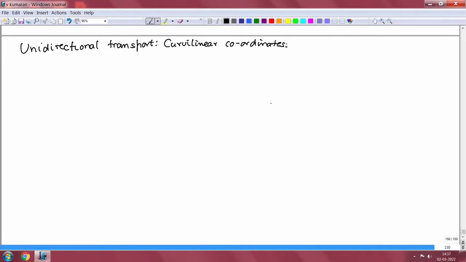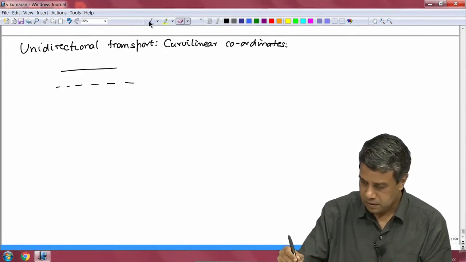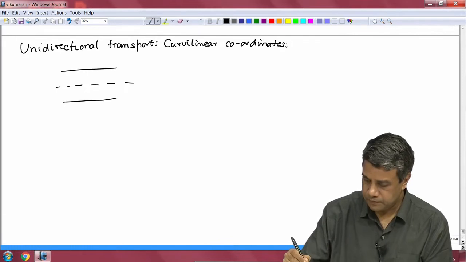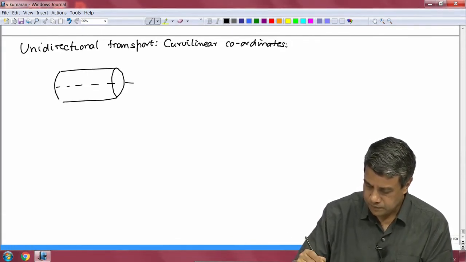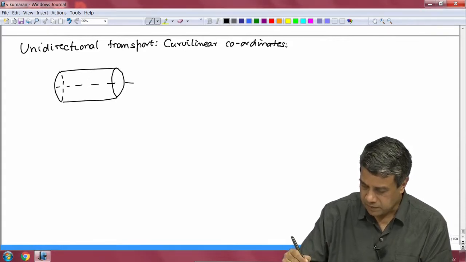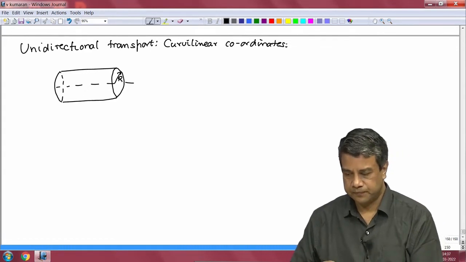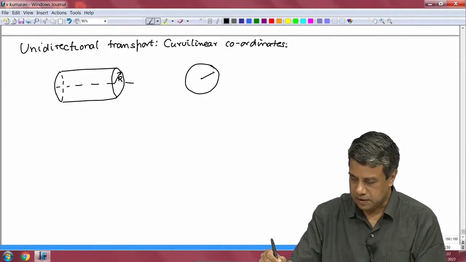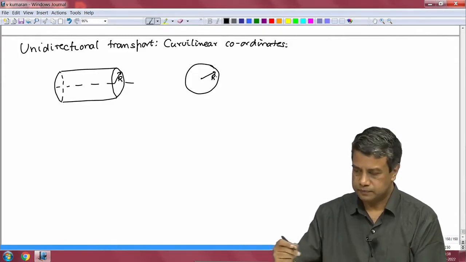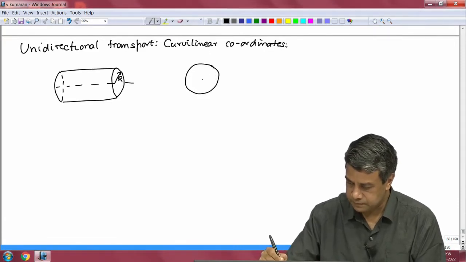Often we solve problems where we, for example, want to find out heat transfer in a pipe of radius r, or around a spherical particle of known radius.